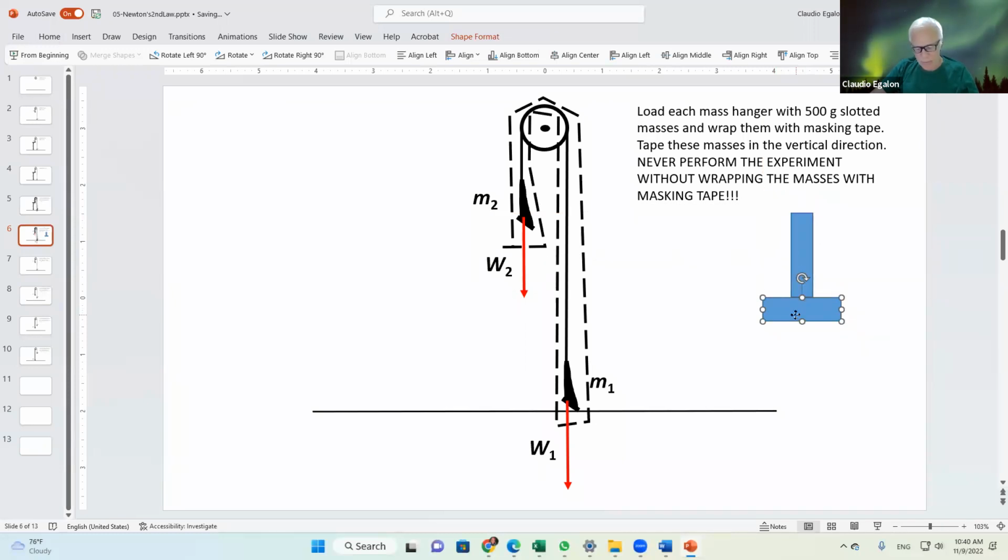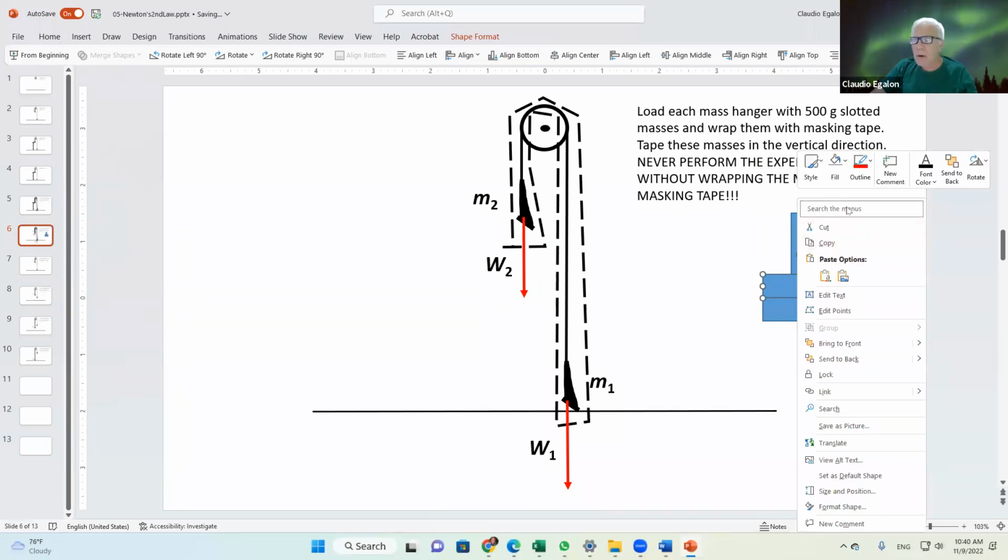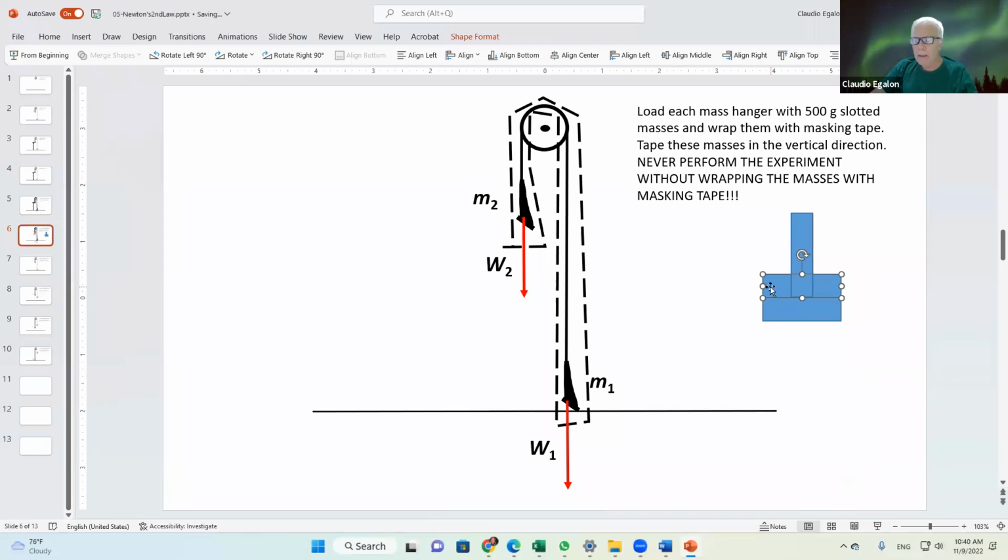So we have one slotted mass, another slotted mass here, and send to back. Okay, here you go. Another slotted mass here, another slotted mass here. Here's the support.